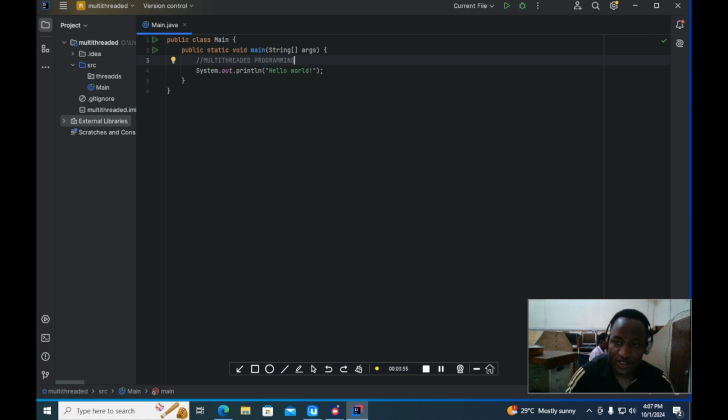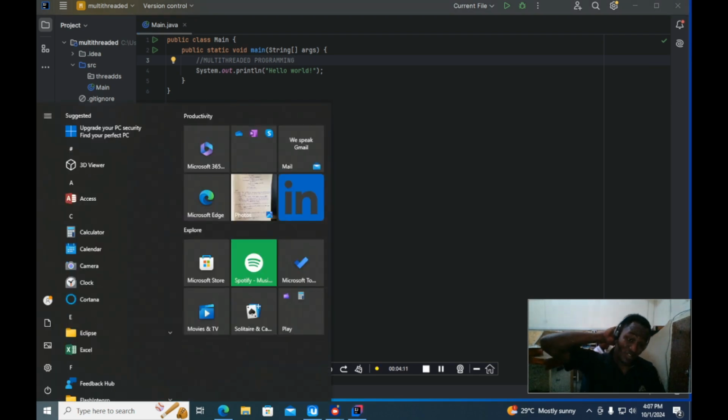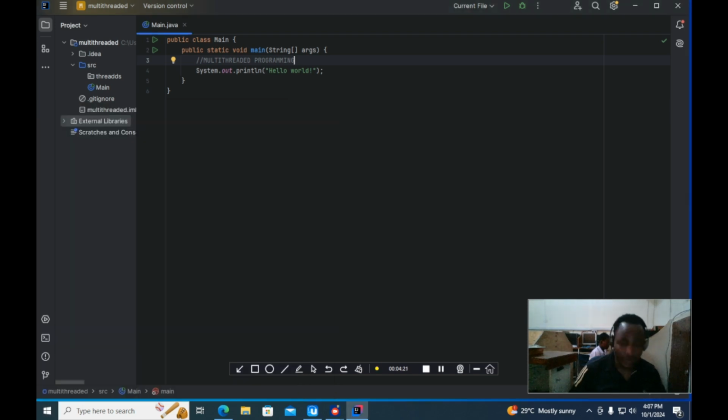You might be asking yourselves, what is a scheduler? A scheduler is basically a program that schedules processes in the operating system or in a machine. How does the system know which process to run first, which to run next? That is made possible by the use of a scheduler.